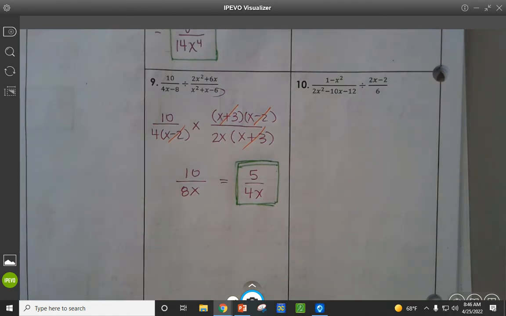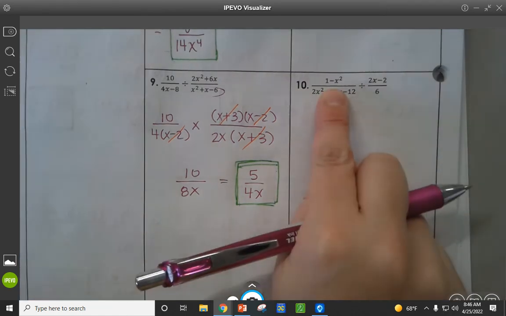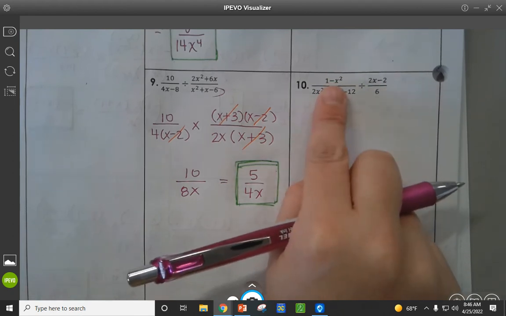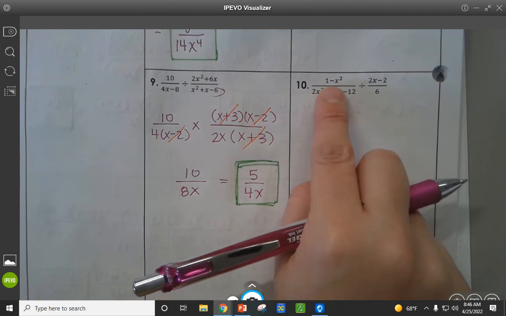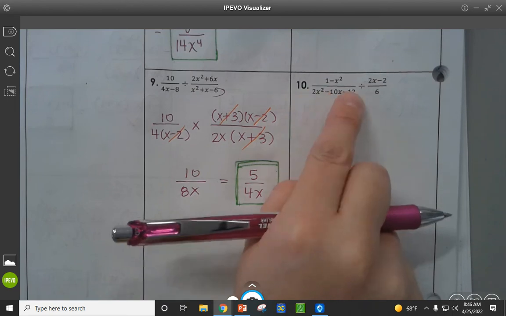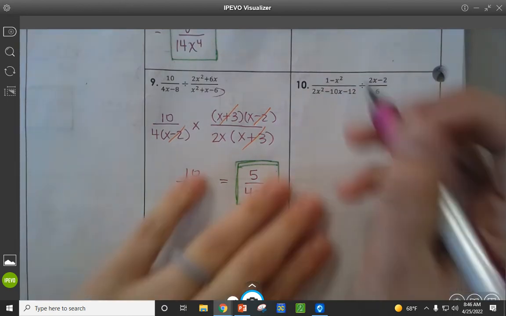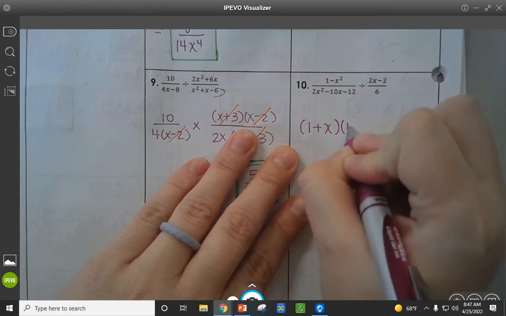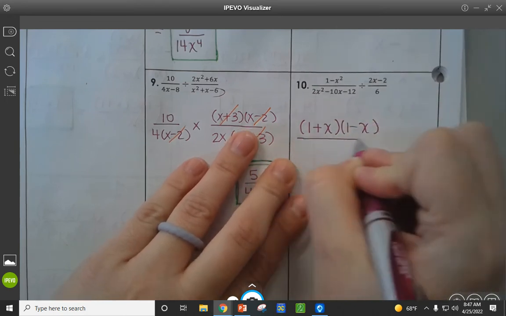All right, number 10. This 1 minus x squared is a difference of squares. You could just leave it, your a is 1 and your b is x, and this would factor into 1 plus x, 1 minus x.